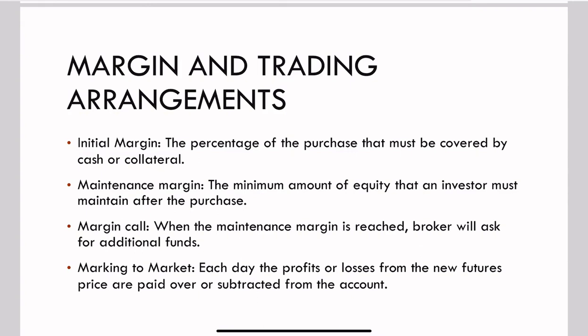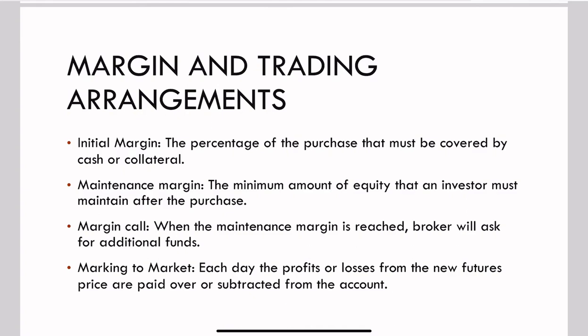First, let's define initial margin. Again, this is pretty simple because we defined this in the equity chapter. Initial margin refers to the percentage of the purchase that must be covered by your own money or some other collateral. Maintenance margin is the minimum amount of equity you have to maintain after the purchase.